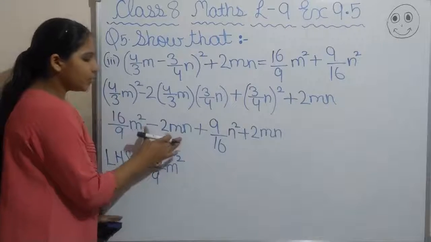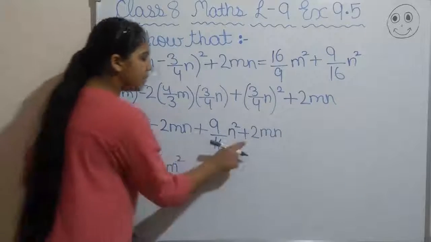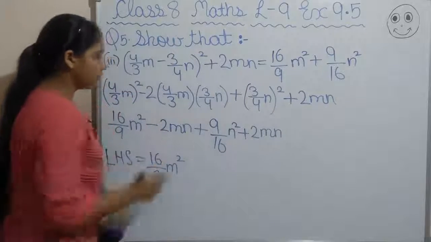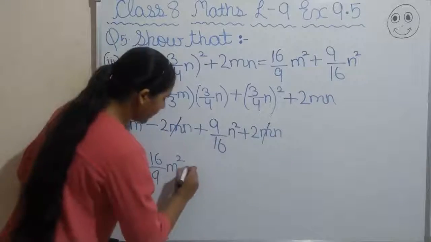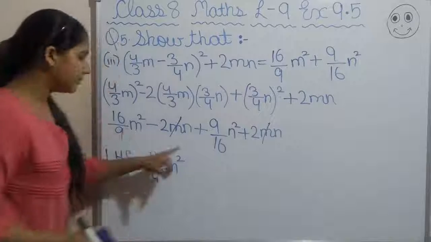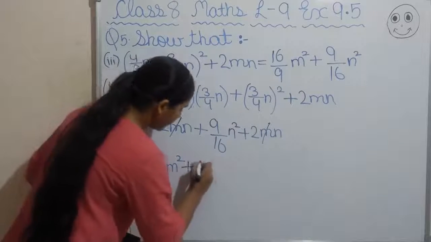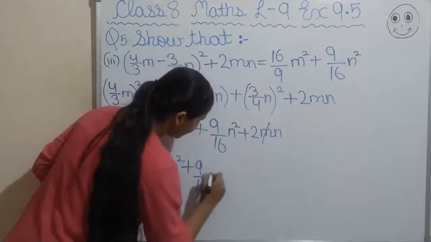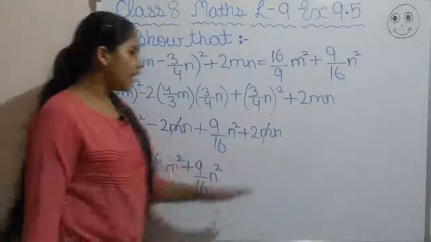Then minus 2mn and plus 2mn: the minus 2 and plus 2 will cut. Then plus 9 by 16 n square. Does n square have any pair? No, it's not having one, so we write it as it is, plus 9 by 16 n square. Okay, so this is the LHS. So we have done the LHS.